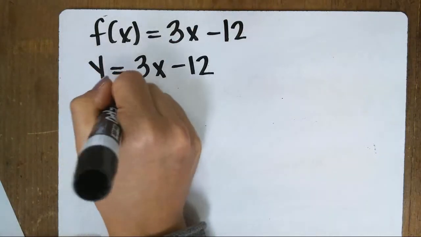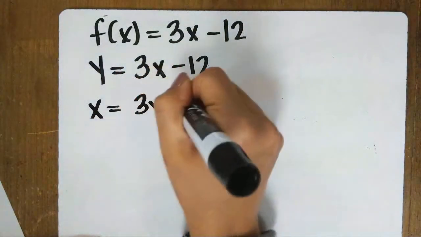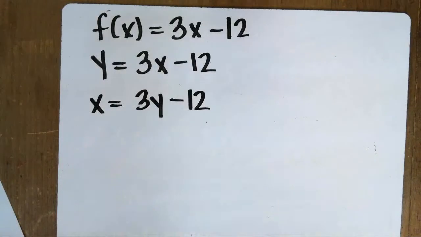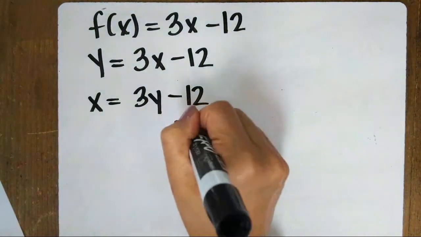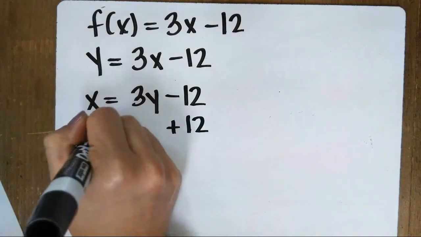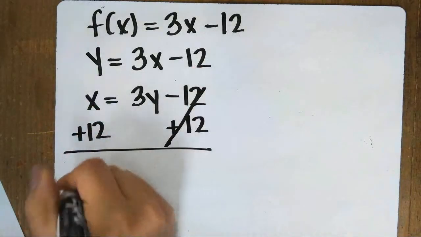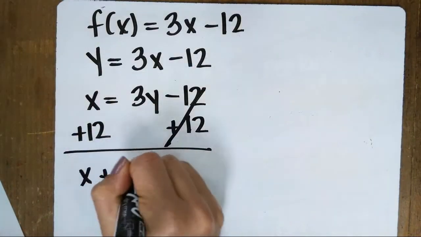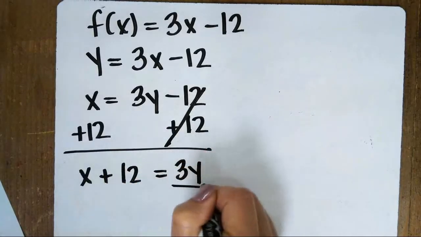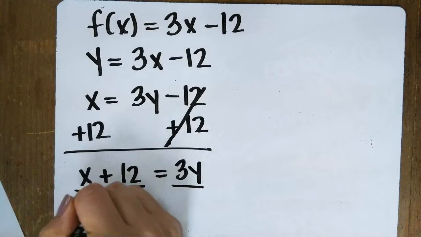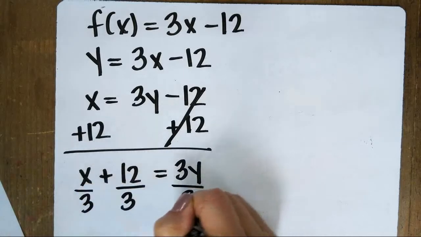So I have x equals 3y minus 12. And now I want to get my y by itself. So I want to now add 12. That cancels. I have x plus 12 equals 3y. I divide everything by 3 because I want my y by itself.